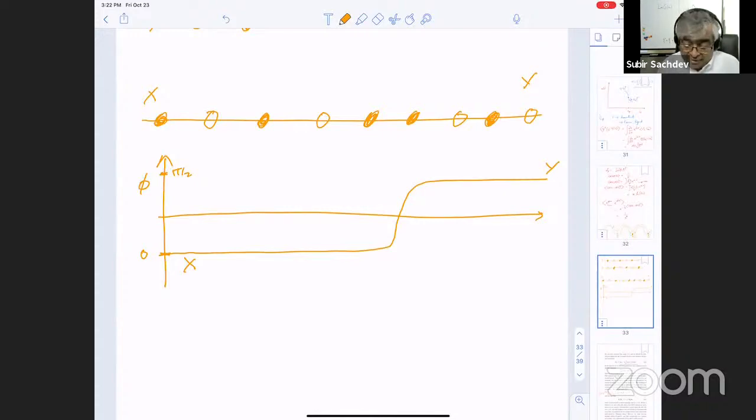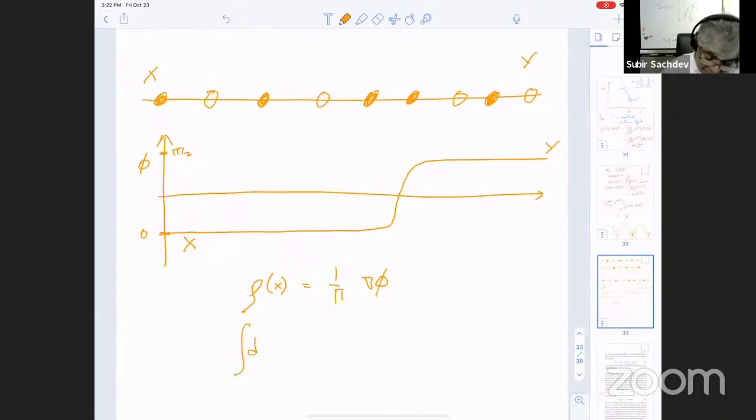So another beautiful thing we can now ask, what is the density in this region? What is the density of particles in this region? Well, we already know the expression for the density. The density we had learned, rho of x, is 1 over pi times gradient of phi. So what is the total density in this region? It's the integral dx rho of x.